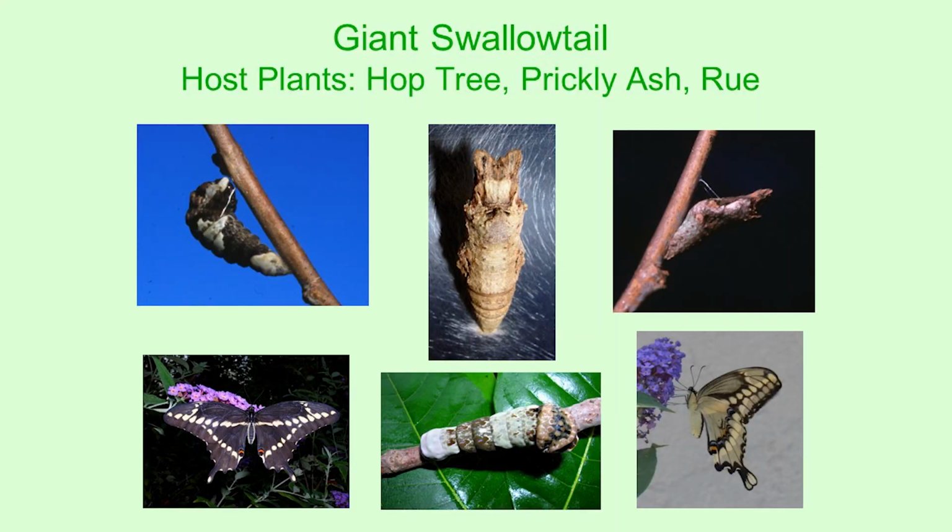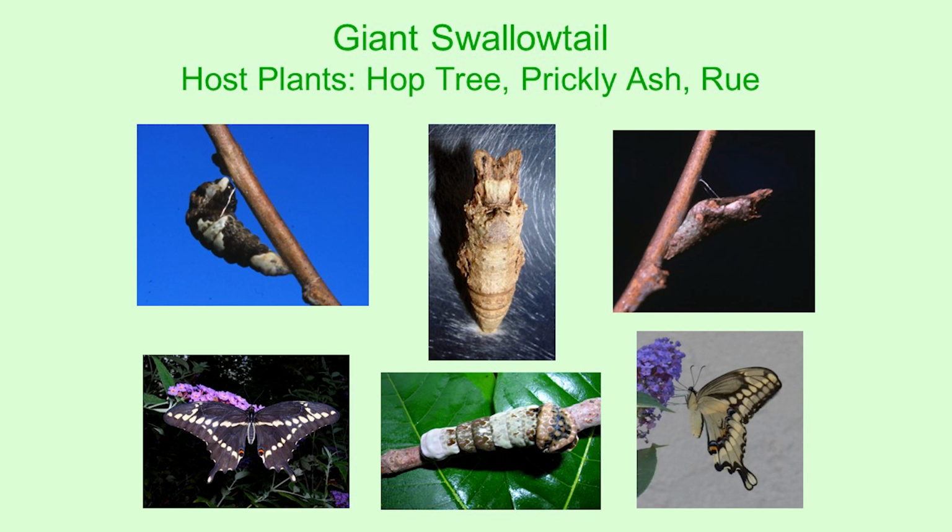And like all swallowtails, when the caterpillars get ready to pupate, they attach themselves by the hind end to a twig or a solid substrate. Then they spin a kind of silken thread that they attach their front end to. Then they shed their skin, and you can see the silken thread again in the chrysalis.